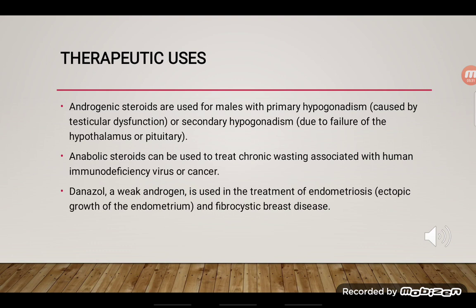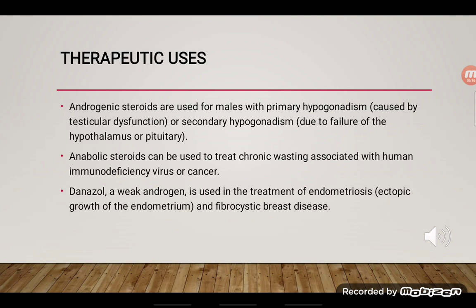In terms of infertility, whether it is primary hypogonadism, caused by testicular dysfunction, or secondary hypogonadism due to failure of the hypothalamus or pituitary, in both scenarios the androgens are the ones used to treat infertility. They can also be used to treat chronic wasting associated with cancer or immunodeficiency viruses.